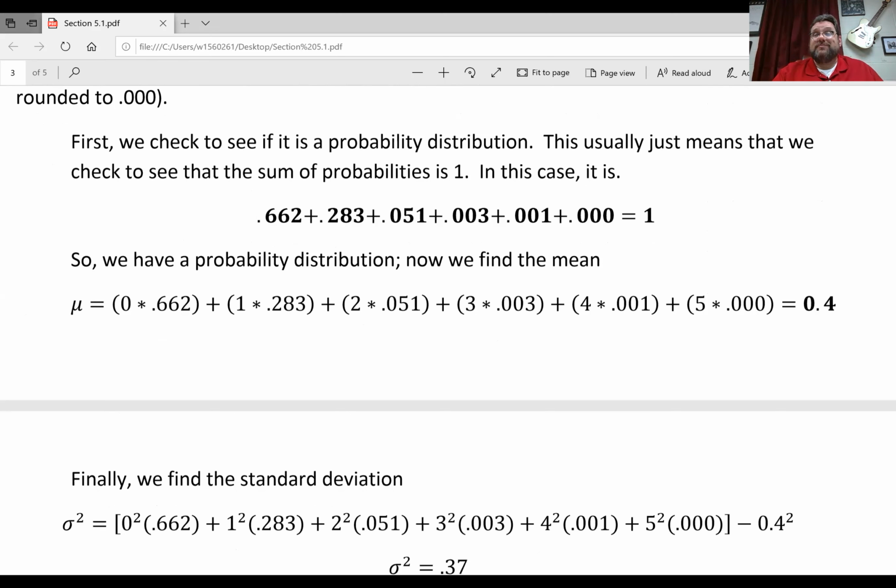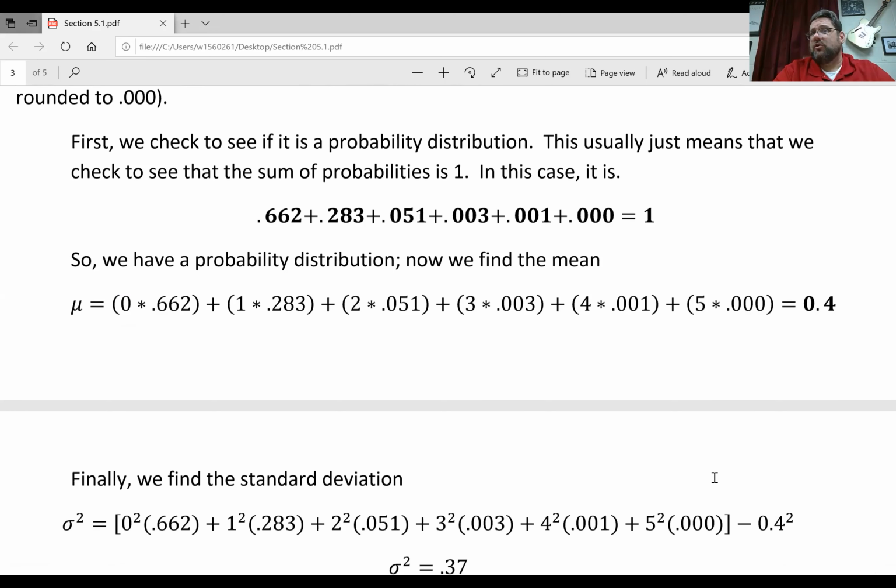All right, now in this problem, I used that second formula for the variance, where I take the random variable squared times its probability. I add all those up, and then I subtract the mean squared. So for instance, 0 squared times 0.662, plus 1 squared times 0.283.